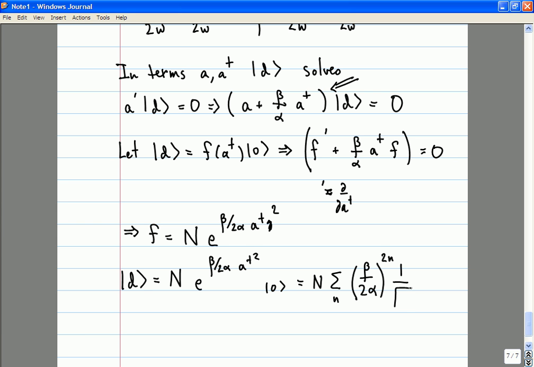That's just that same normalization factor times the state with number operator eigenvalue 2n. And it's a sum from n equals 0 to infinity.